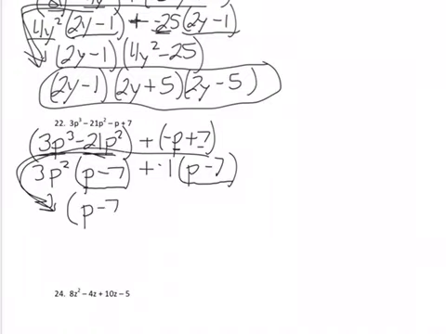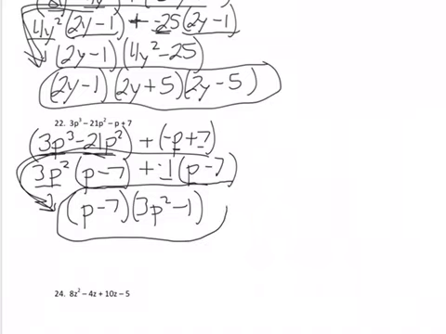So p minus 7 comes on out, and then we're left behind here with 3p squared, and over here with that minus 1. Unlike the last problem, we're now done because none of those remaining terms factors anymore, because this is not a difference of squares, so it doesn't factor anymore.